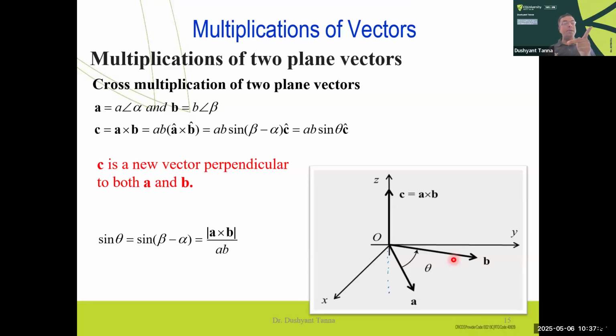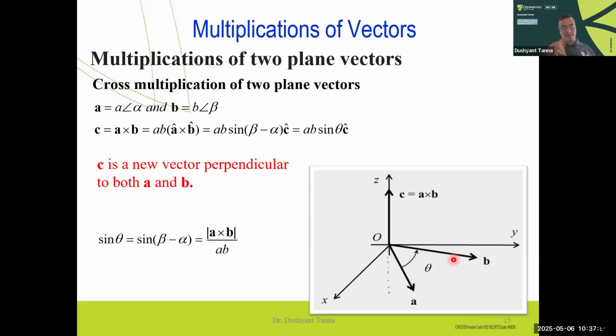So again, this is A, B, and it doesn't matter which is A and which is B. The C vector can go like this, or it can go in a downward direction. So it will be perpendicular to both. Imagine C is your Z and A, B is your XY.